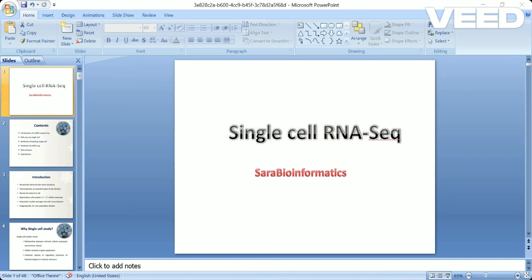Third, 10x Genomics, currently the most popular, high throughput and cost effective for large scale studies. And last, Seq-Well, another microarray based method. In most recent studies, you will find that 10x Genomics is the standard because of its scalability and ease of use.